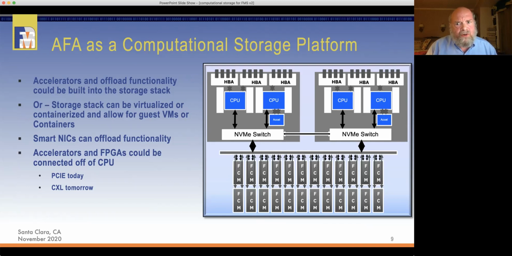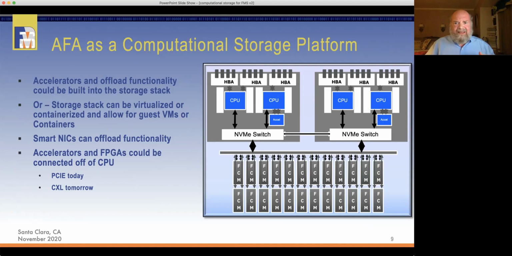But you could also build a platform that would allow microservices and containerized or VMs where the application could download accelerators that it wants to run.